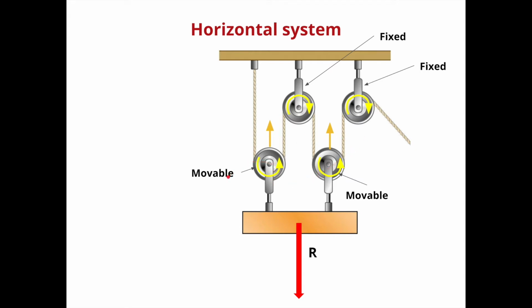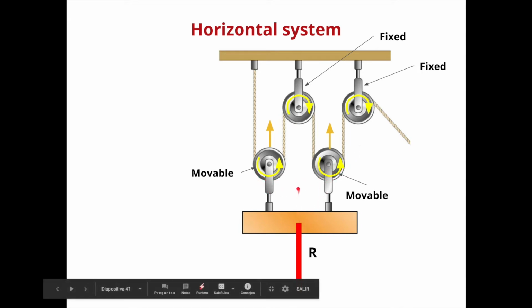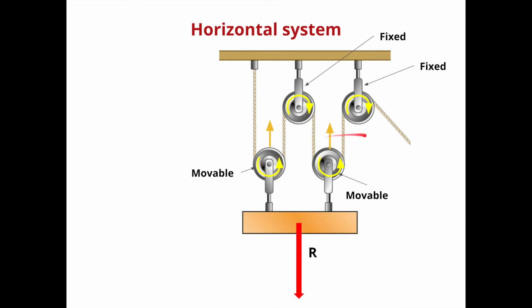If you remember, the movable pulley, the one we've just seen, divides the force between the part of the rope that is attached to the roof and the part of the rope we have to pull. In this case, the same happens, but we have two movable pulleys, so this force is going to be divided into 4 parts: 1, 2, 3, and 4. And that's what we have.